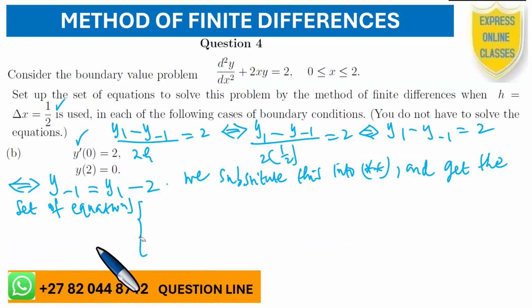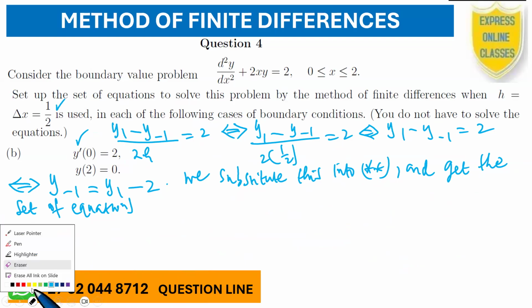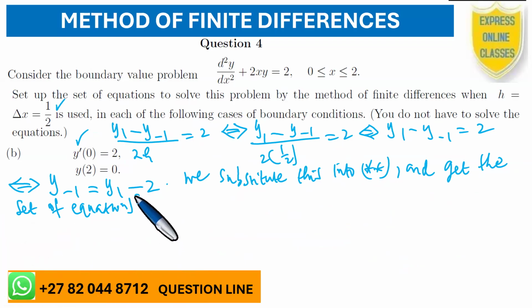So you'd have exactly the following. So you have 2y-1 minus 4.0y0 plus 2y1 equals 1.